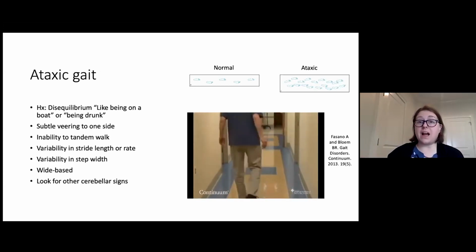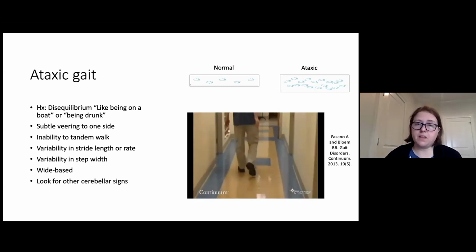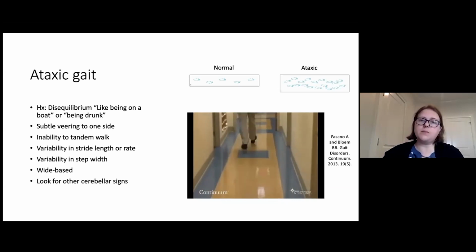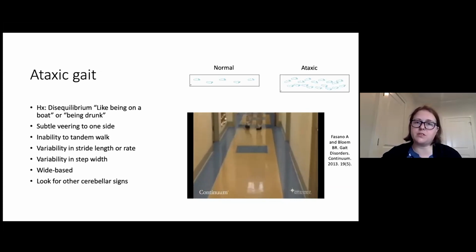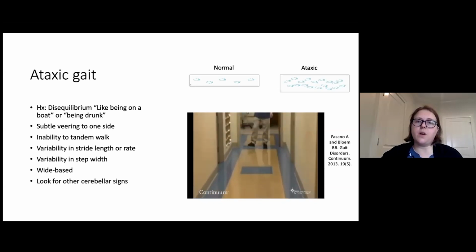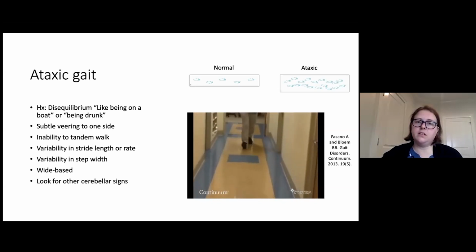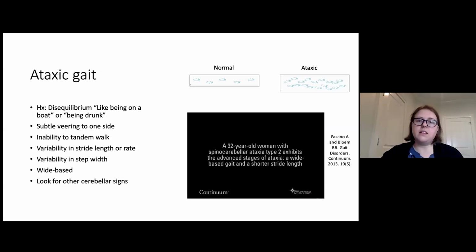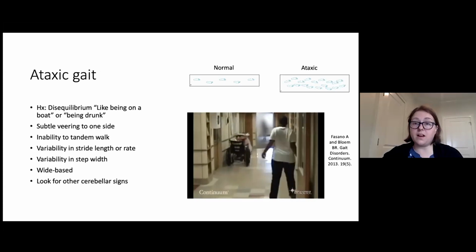So here he has a wide stance. He's a little bit slow. He's got his arms braced for additional postural support. Slow turn and very wide on the turn. And now we'll see a severe ataxia. So very wide stance here.